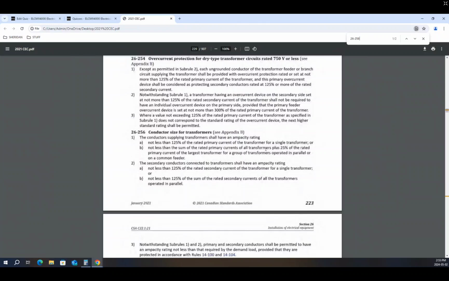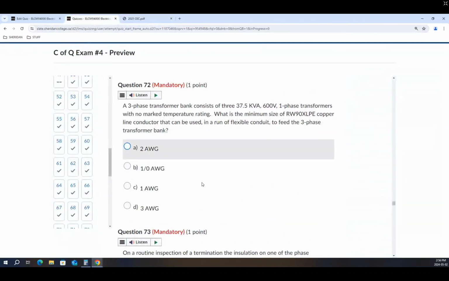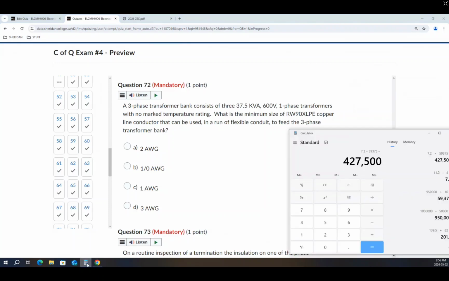So not on the single. So 125%, so I need the total for my transformer bank, that's a three-phase bank made up of those. So I'm going to go 37.5 times 3.